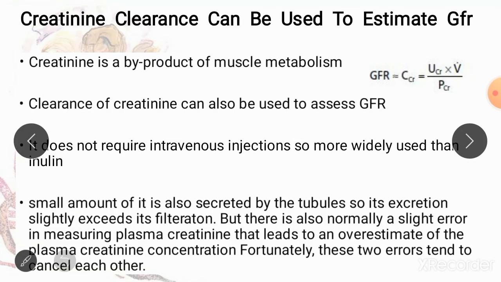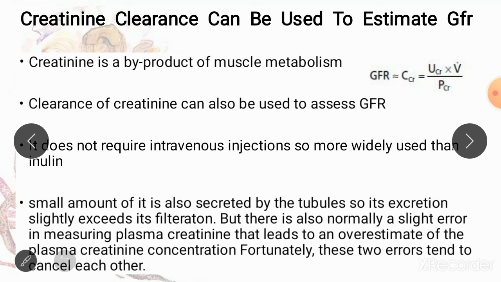So this is very important from the MCQ point of view, and MCQs may ask which of the following clearances is used to calculate GFR. If you are given options of both inulin and creatinine, first go for inulin because inulin gives you exact readings of GFR, or if the option of inulin is not given, you must go for creatinine.